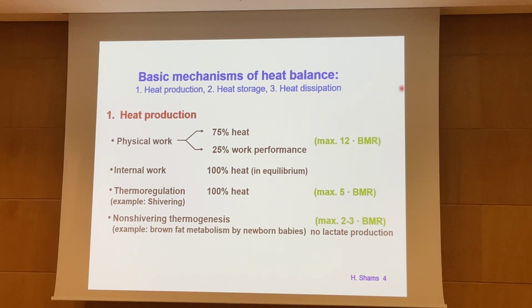And that basal metabolic rate can increase 12-fold by physical work, it can increase 5-fold by thermoregulation, and can increase 2 to 3-fold by non-shivering thermogenesis. You see here, there is a very high capacity to increase the heat production if it is needed, okay? If it is cold, then we need to produce more heat, and the body has the possibility to do it.